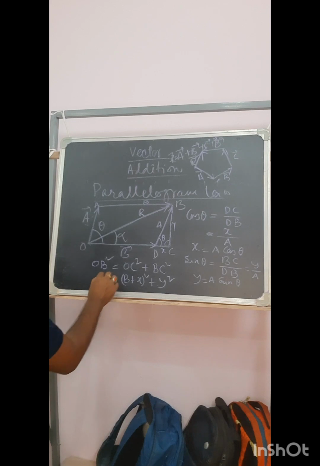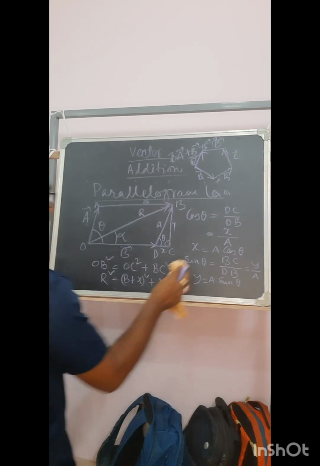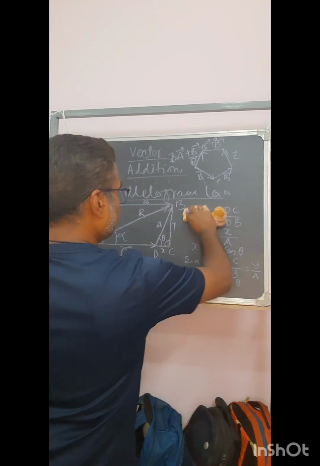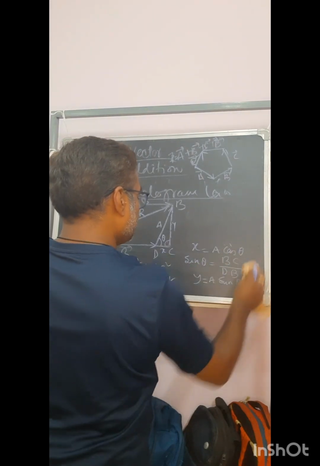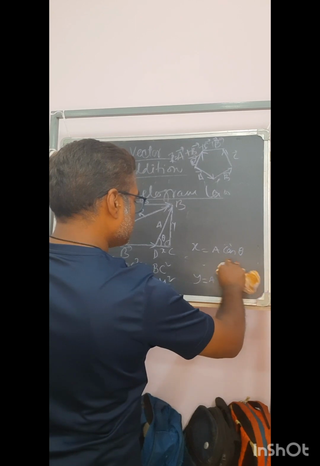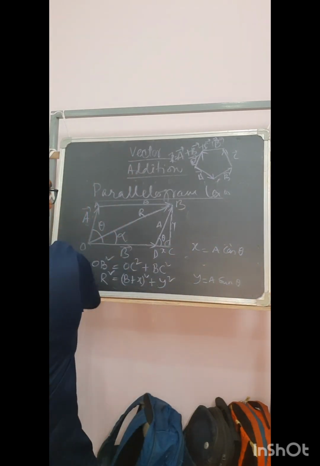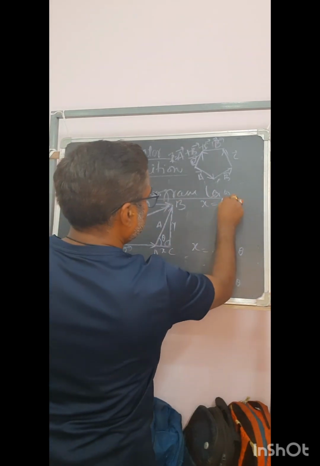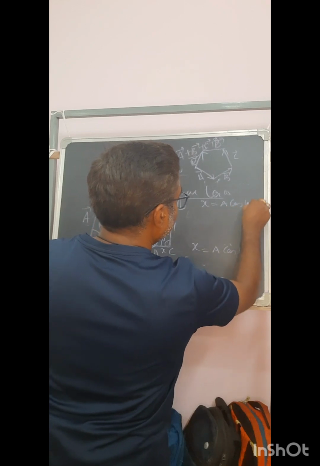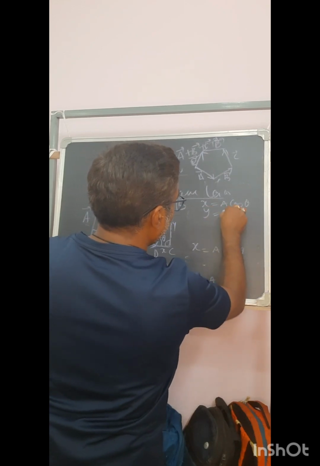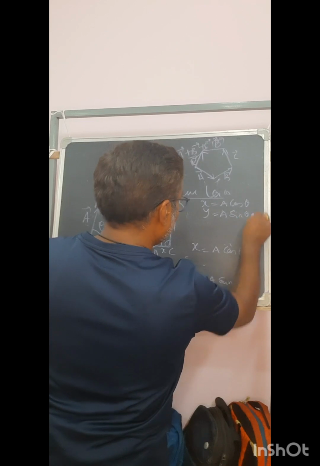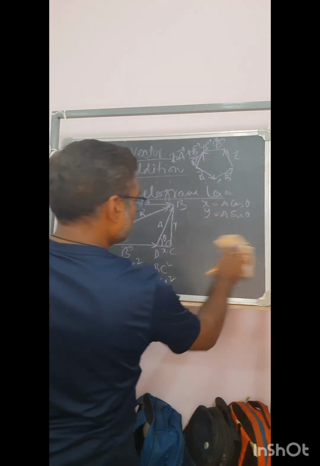And OB is the resultant, R square. Now this part I am writing somewhere on the top because that will be useful later. What is that? x is equal to A cos theta and y is equal to A sin theta. Okay, now I am rubbing it off.